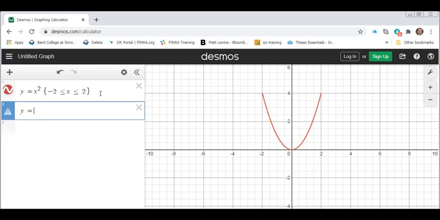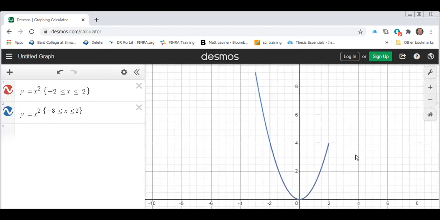You could take the same function, y equals x squared, and you could look at a different interval, so like -3 to 2.